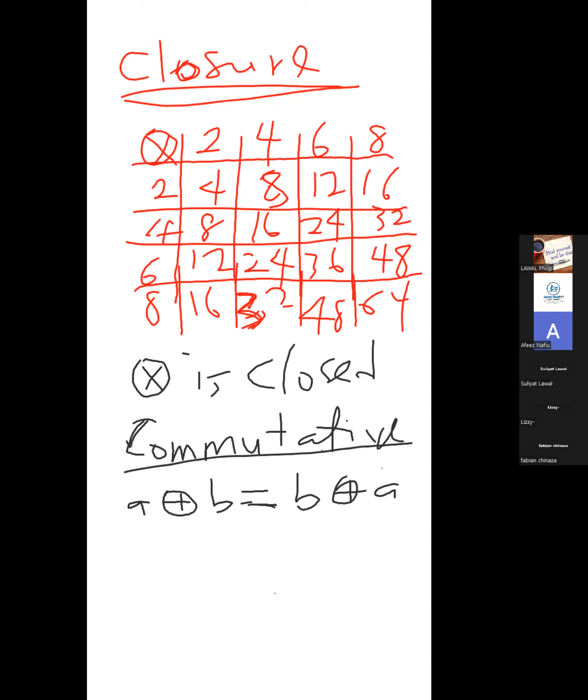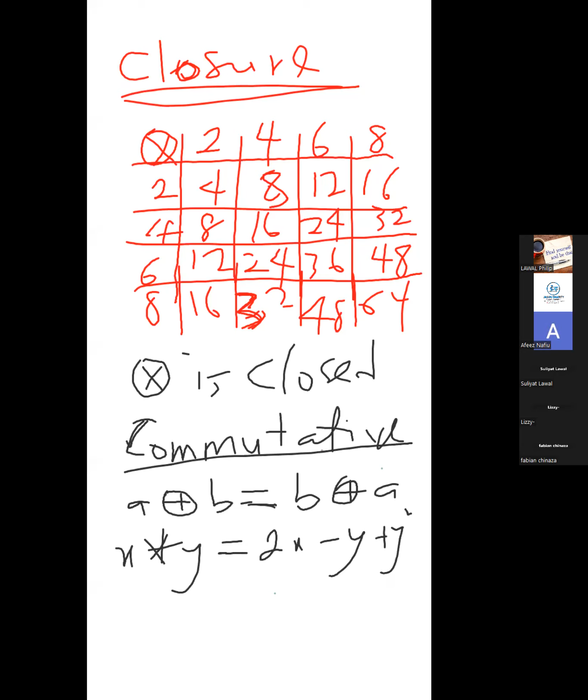If you have something like A star B, or maybe I should just change it, X star Y is equal to 2x minus y plus y squared.